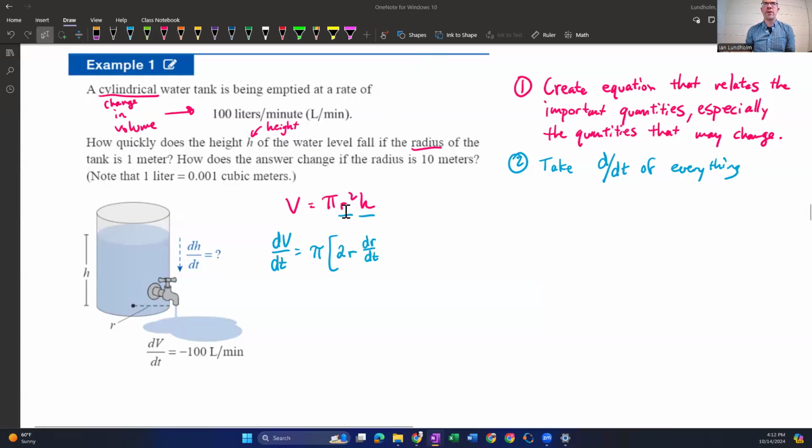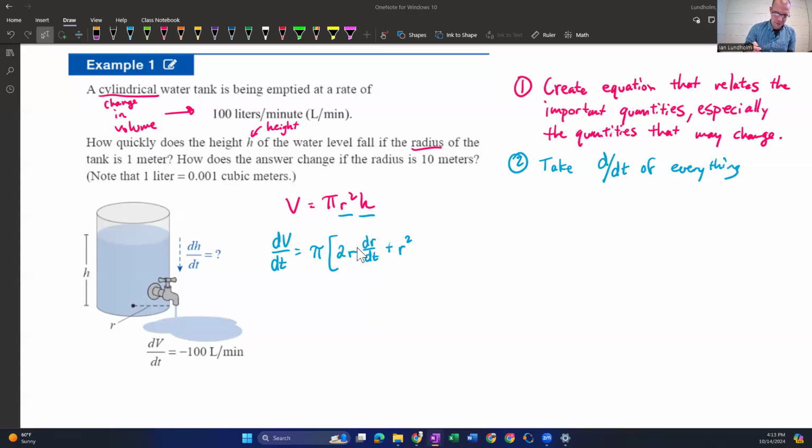r is some function of t. That's our little function. So we've got 2 times something times the derivative of the inside, which is dr dt. And then we're going to add that to, leaving the first part alone, r squared, and then taking the derivative of h with respect to t. Wait a second.